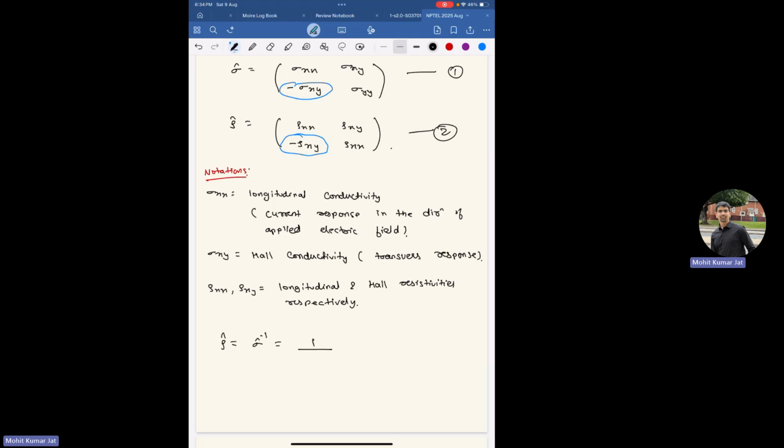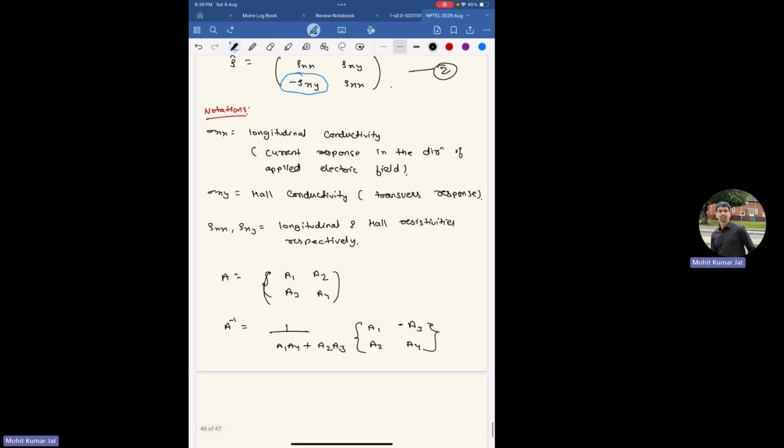If you have a matrix A with entries A1, A2, A3, A4, its inverse will be 1 by (A1 A4 minus A2 A3) times the matrix with A1 and A4 exchanged and minus signs on A2 and A3.